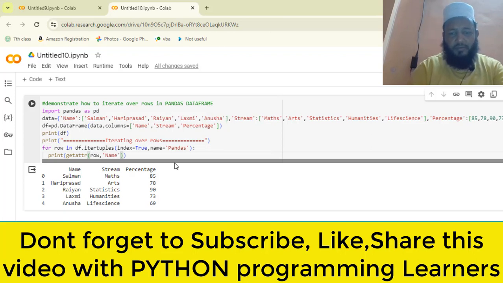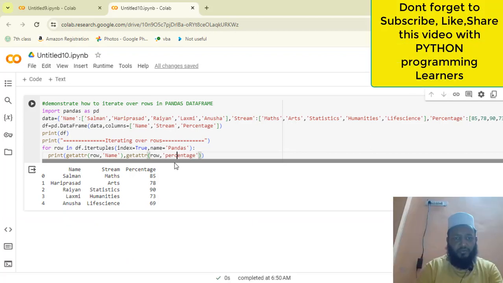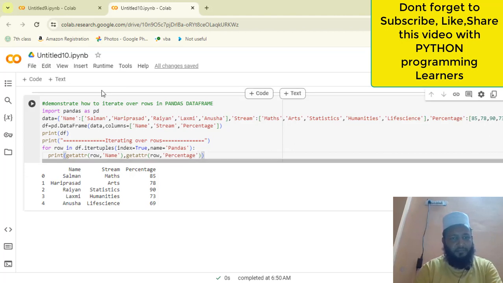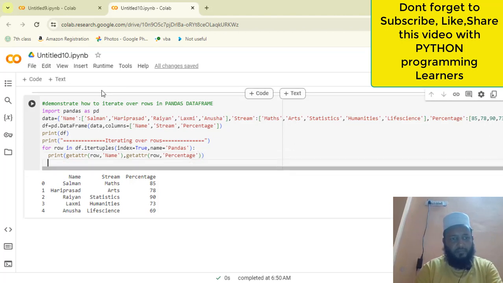Then comma, getattr of row, percentage, sorry, here also P is capital, in my data. So let us check.